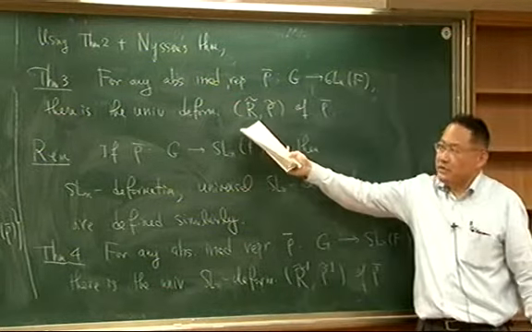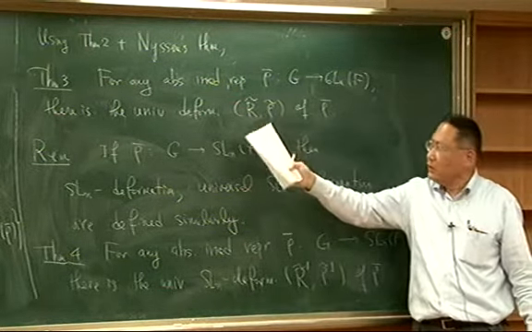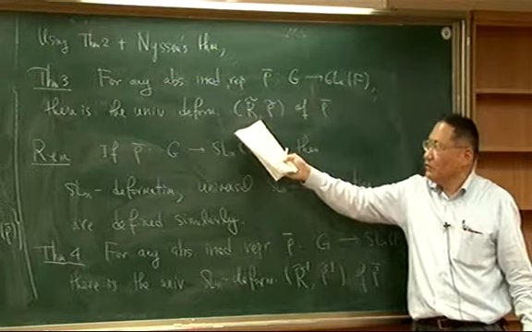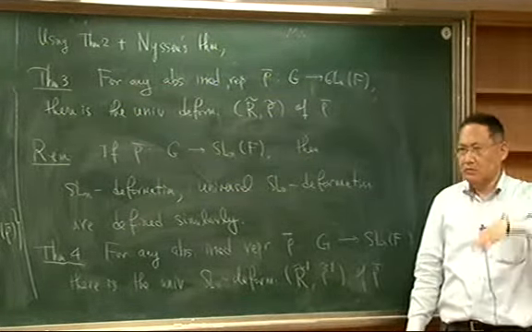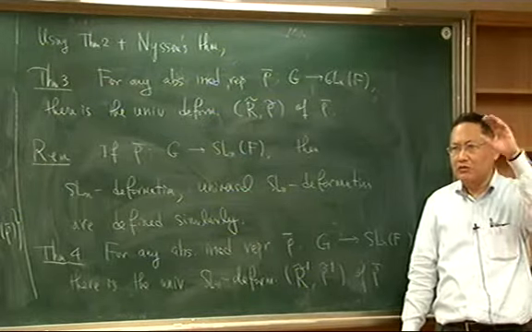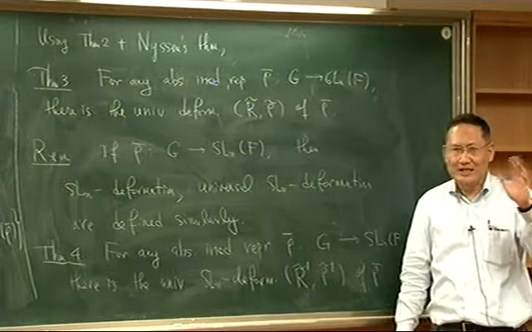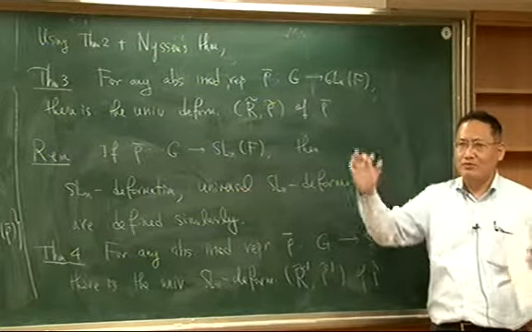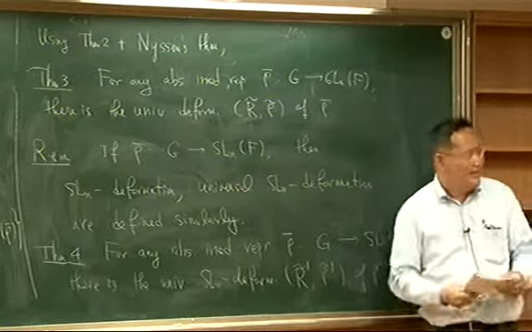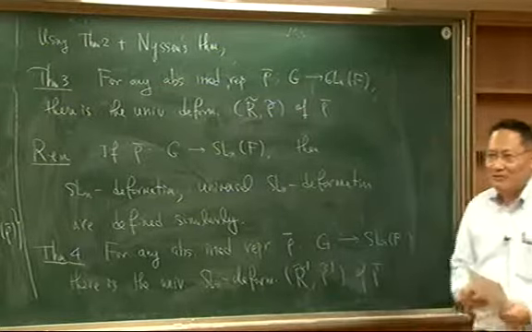This R tilde is the same as the universal deformation ring for pseudo representations. For pseudo representations we have some algorithm, but it doesn't work. We have infinitely many variables and relations. It doesn't work.